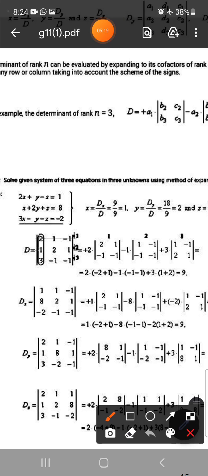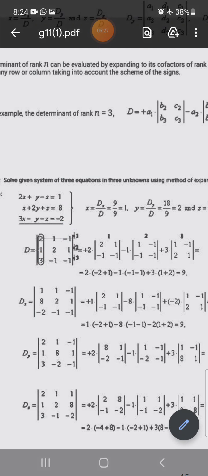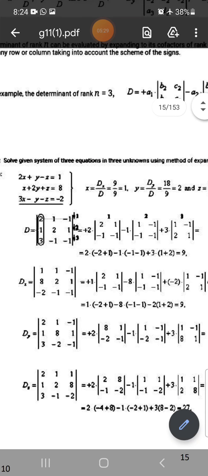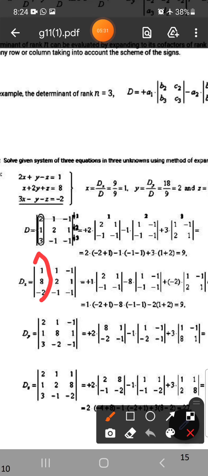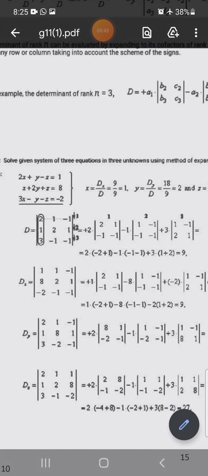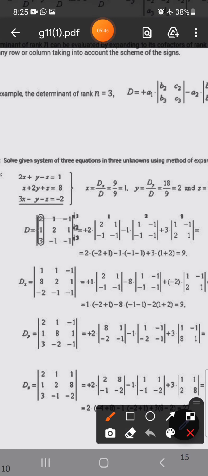Once you remove the coefficients of x and put the answers, you will choose any column or row. Here, choose this column and go on with the same steps. 1 will be positive, here negative, here positive, so it will be positive 1, negative 8, and negative 2. Positive, negative 2 will be negative 2.